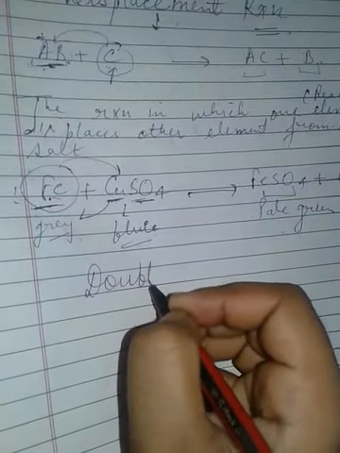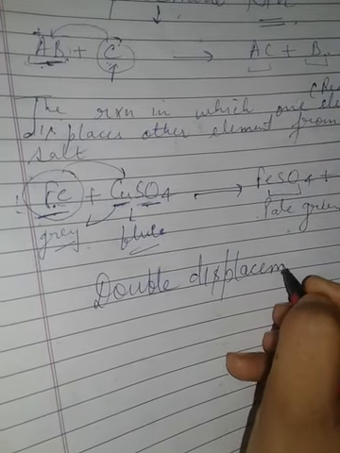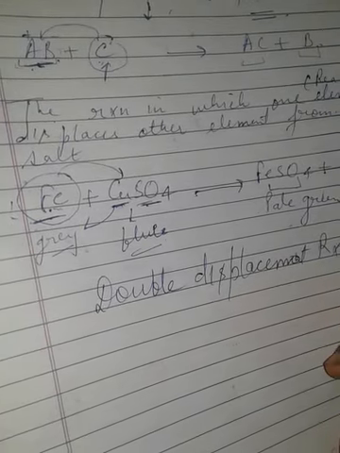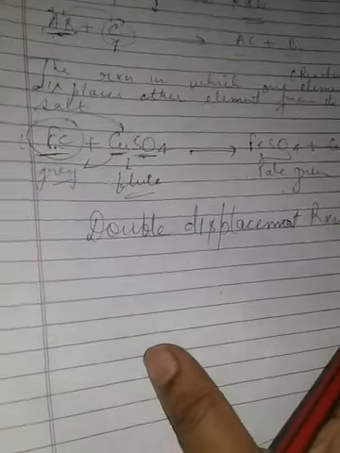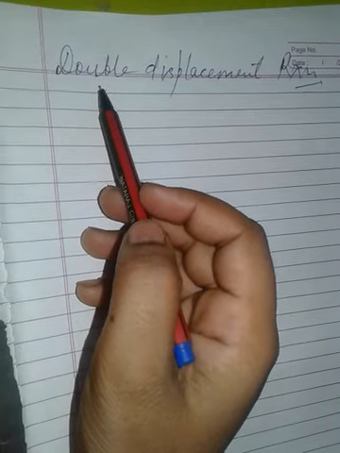Now the next reaction is the double displacement reaction. Again it is a displacement type of reaction, but here the word used is double. So let us first understand the meaning of this word double.